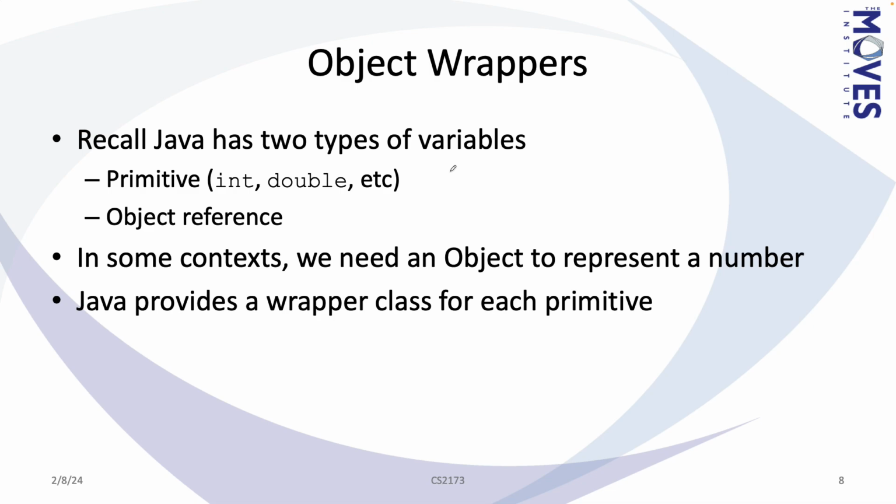Now, in preparation for that, it's important to understand what these object wrappers are. See, Java is not a pure object-oriented language. In a pure object-oriented language, the only things that exist are objects. And so if I'm representing numbers in a pure object-oriented language, every number is an object.